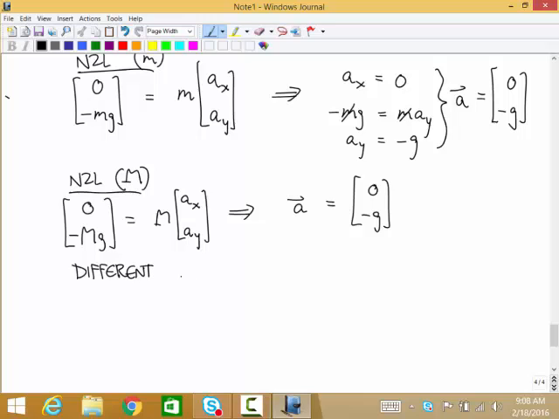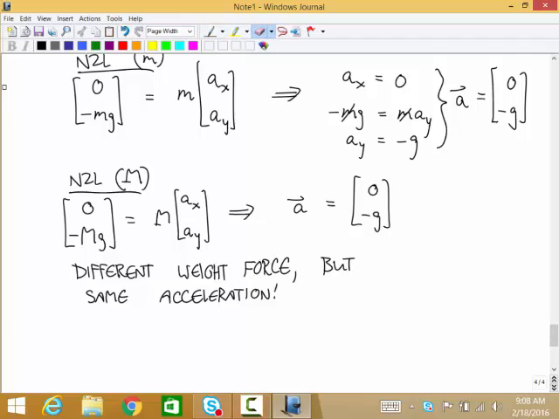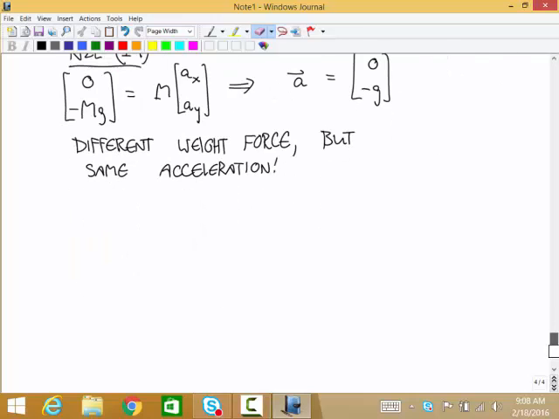And so the take-home message is you have different weight forces, but the same acceleration. All right, so now that we know something about weight, let's go back to this ball on the string example.